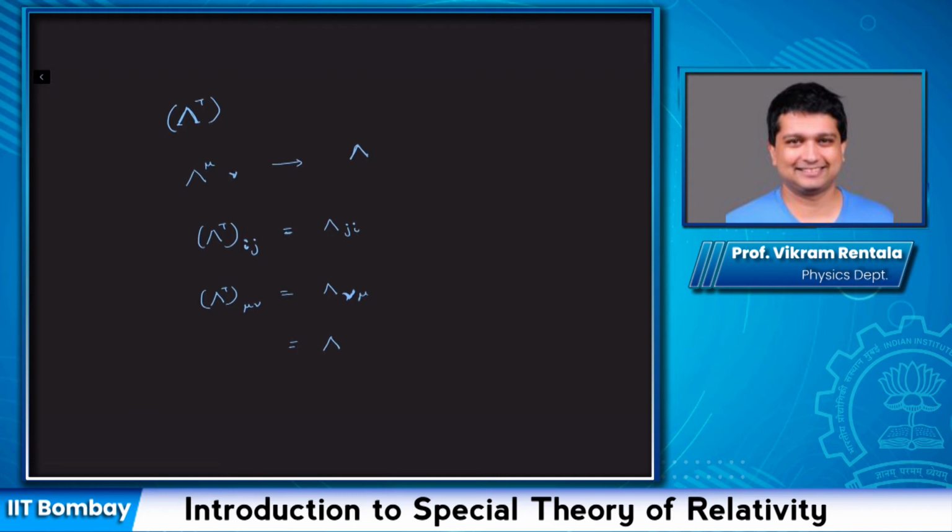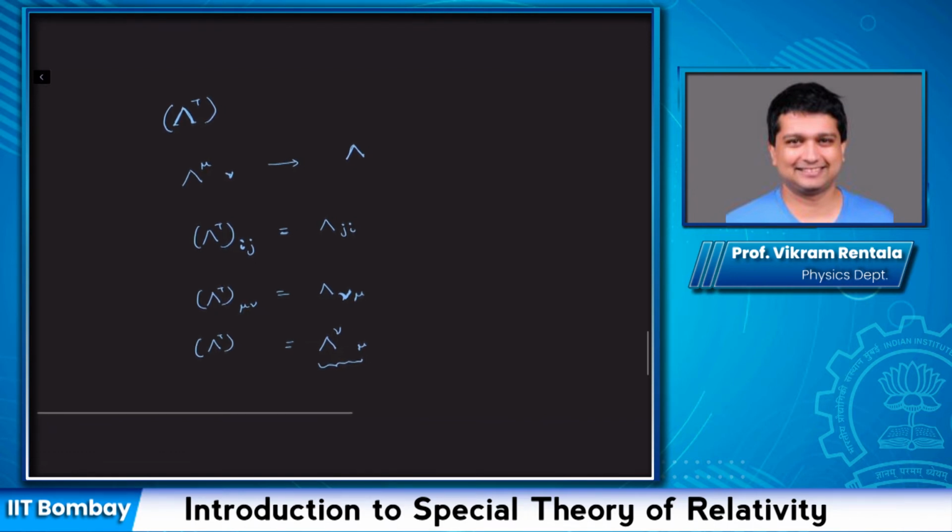So if we raise the row index for lambda and we keep the column index lowered, on the right hand side we would have this. However, for lambda transpose, what we would like is a matching of the raised and lowered indices to the indices on the right hand side.